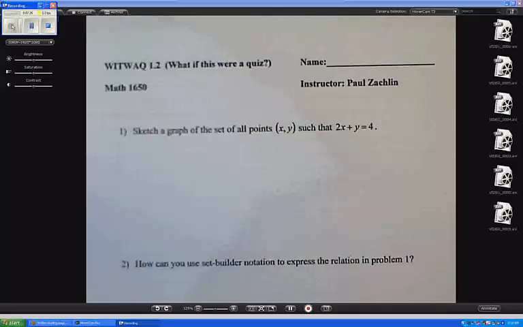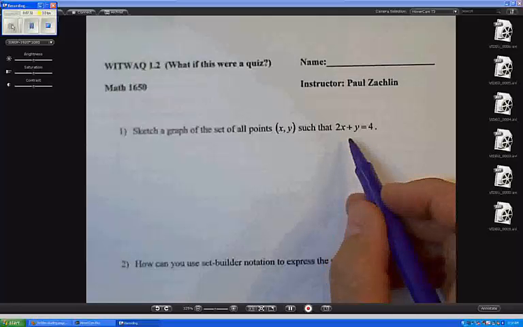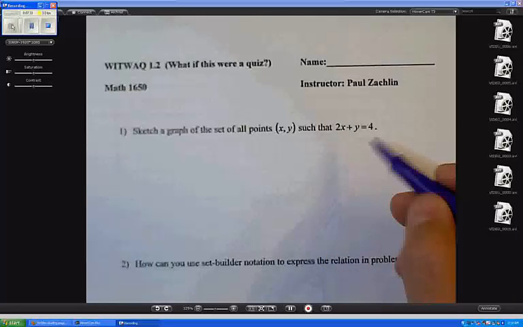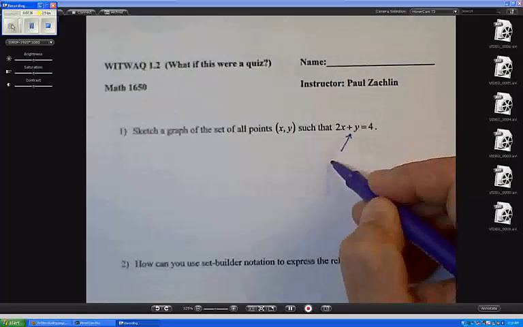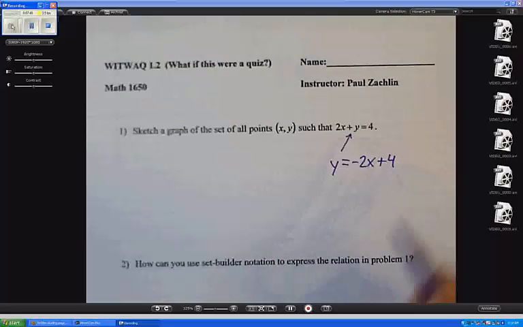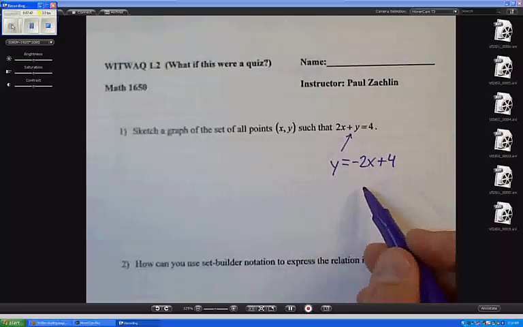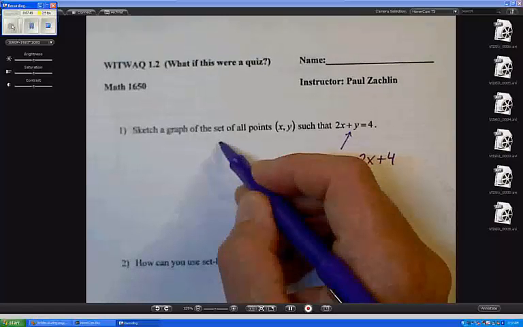Right? Well, I said, give me some points. One thing that was nice, a lot of people realized that you can write this as y equals negative 2x plus 4. And so now, is this a function? Is it true that every input is going to have one output?